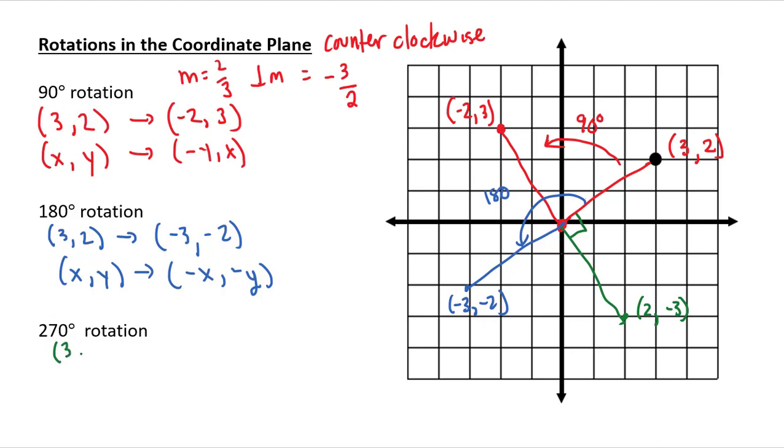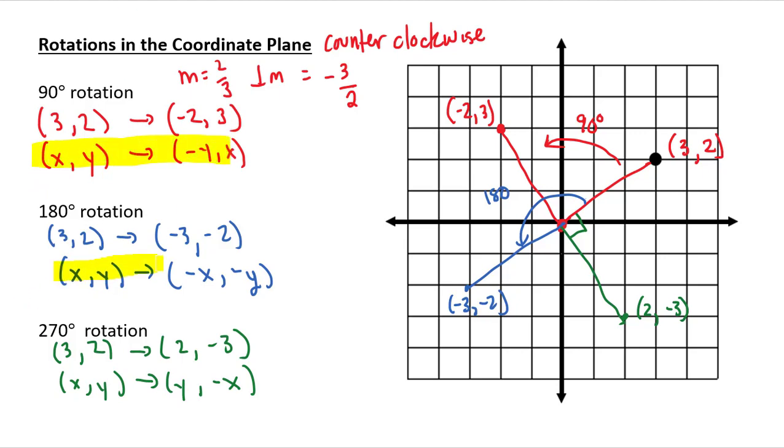So the point 3, 2 changed to the point 2, -3. My x and my y changed: my y came up here, and then my x was negative. So that's what you need to remember, each one of these. Make sure you write those in your notes.